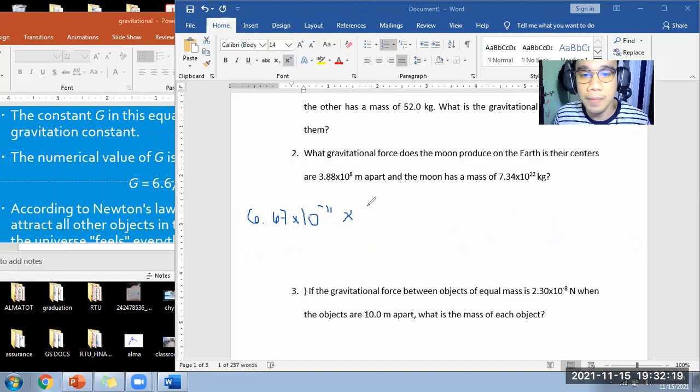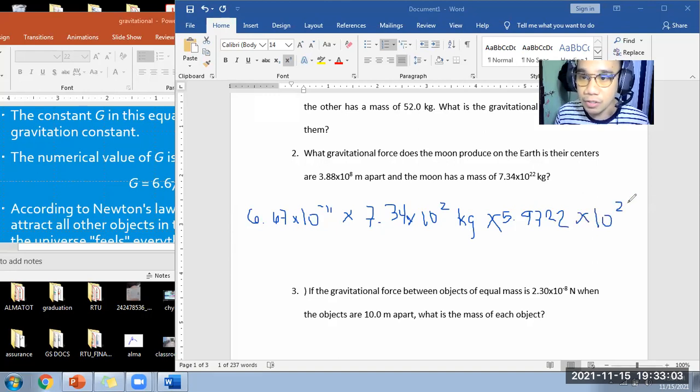Times, mass ng moon natin ay 7.34 times 10 to the 22. Yan, kilogram yan, di ba? Yan, kilogram. Times, yung mass ng Earth. So, ang mass ng Earth ay 5.9722 times 10 to the 24.